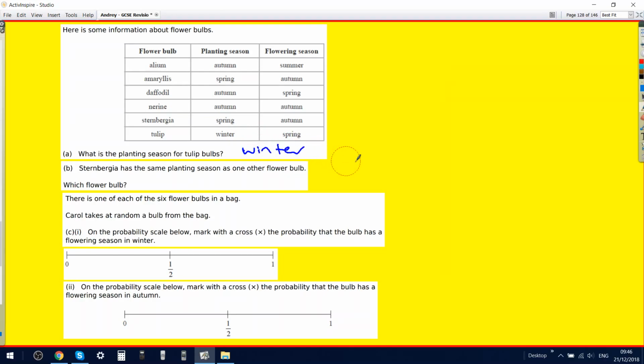Part B. Amaryllis. That's fine. There's one. Okay, how about C, part 1?